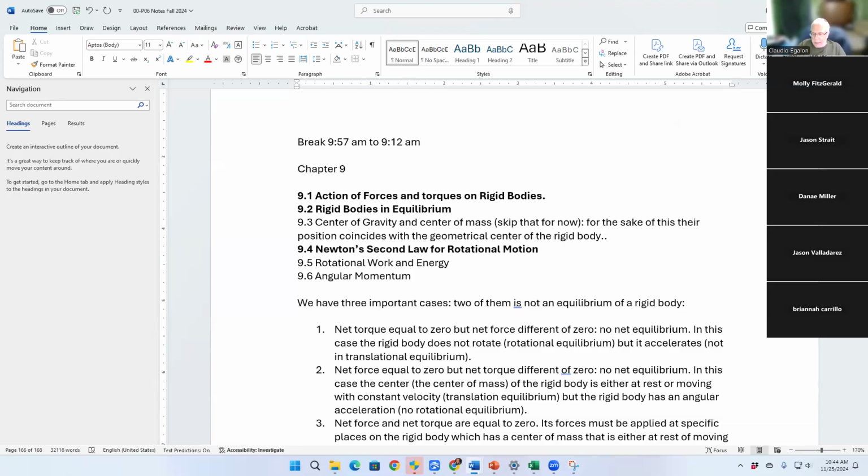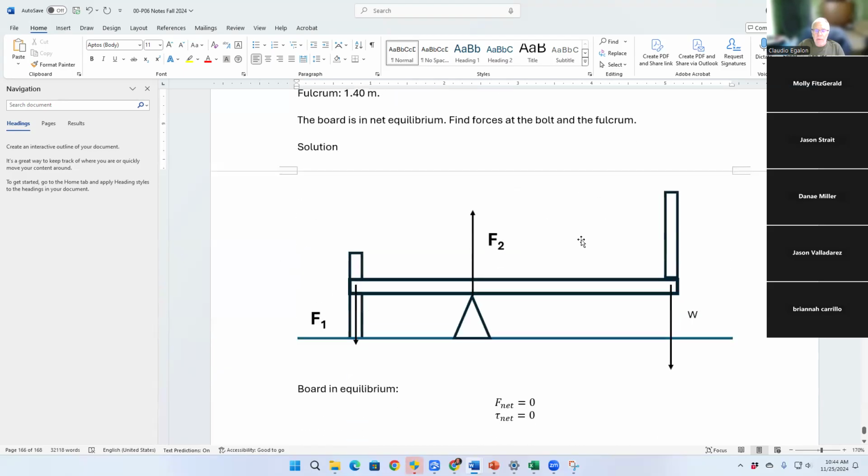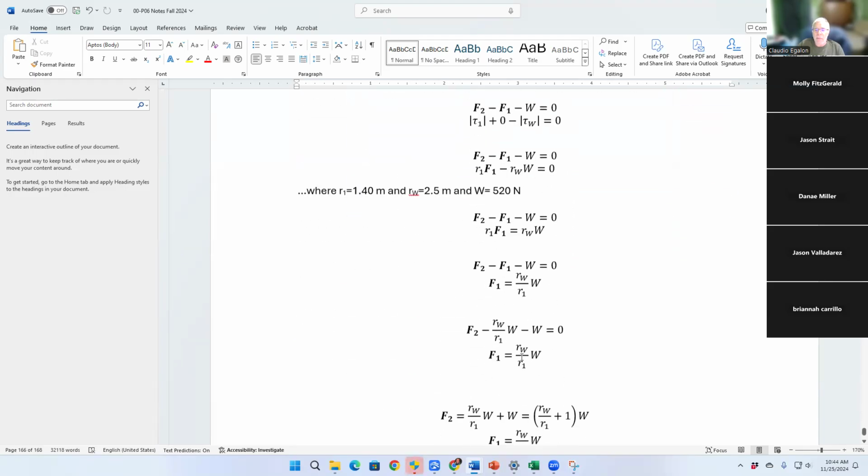And that's what I did there. I didn't use that here in this solution, but if this board had a mass that were not negligible, it means that you had a weight being applied exactly at its center of mass that, in this case, coincides with the geometrical center of the rigid body.